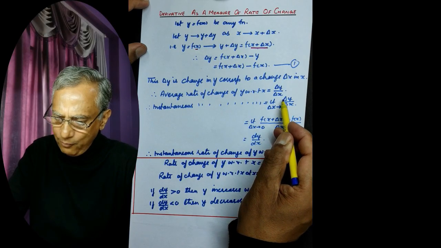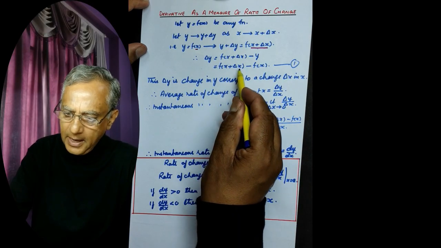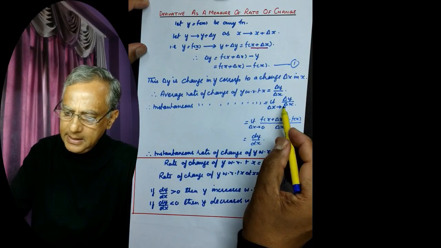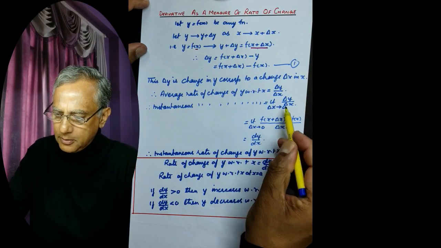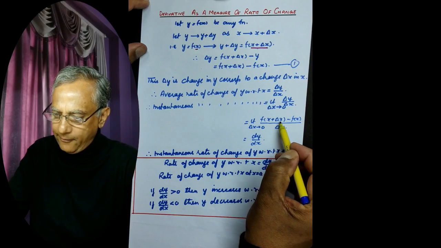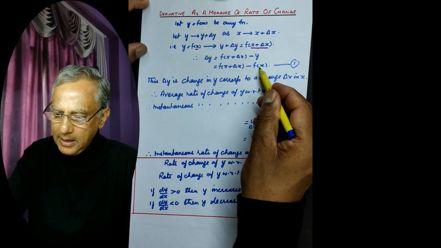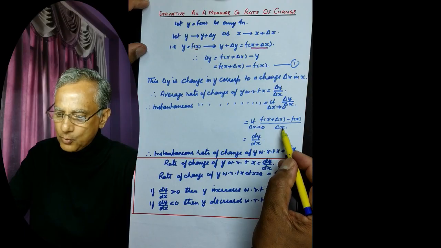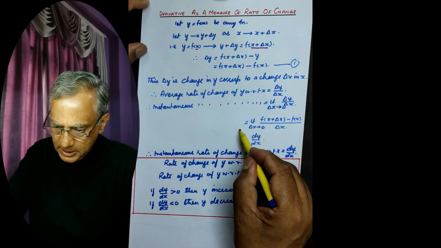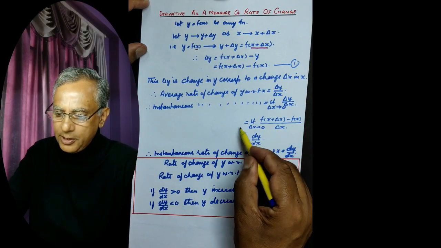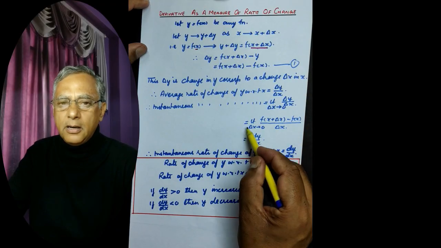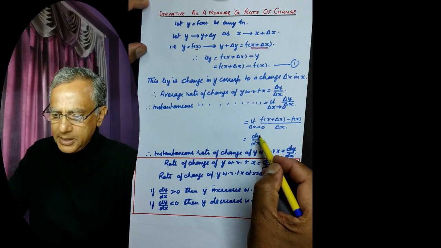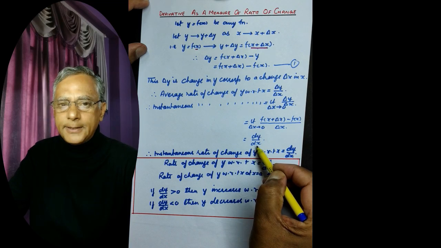But delta y is f(x plus delta x) minus f(x). So substituting, we get the limit as delta x approaches 0 of f(x plus delta x) minus f(x) over delta x. Now this is nothing but the definition of the derivative, that is dy by dx.